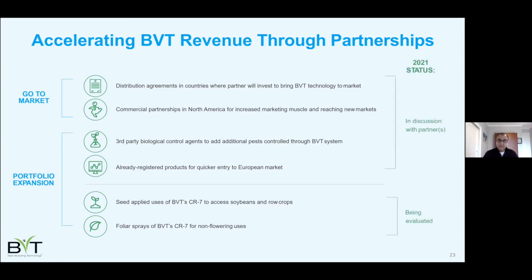In particular, in 2021, we have 4 or 5 discussions where we expect some closure one way or the other, either closure with a signed agreement, which we could announce and execute against, or we would know that the partnership didn't work, but then we could pursue other partnerships that cover that same geography or have a similar product portfolio. So this licensing in and out of technologies is an extremely important way for us to accelerate revenue.